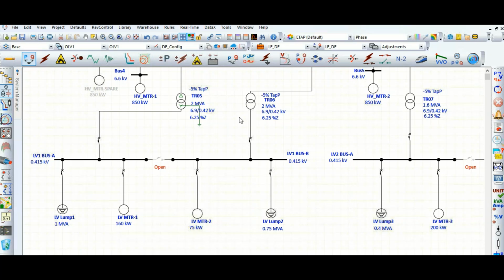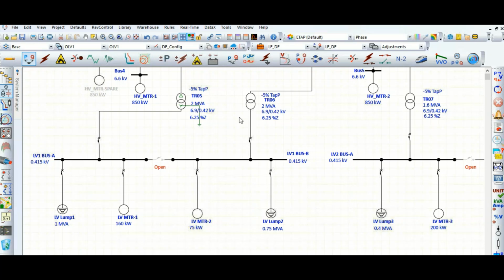Rather, it reduces the fault current passing through the system because of the transformer impedance. Similarly, a cable, with the help of its impedance, resists the fault current flowing in the power system network.